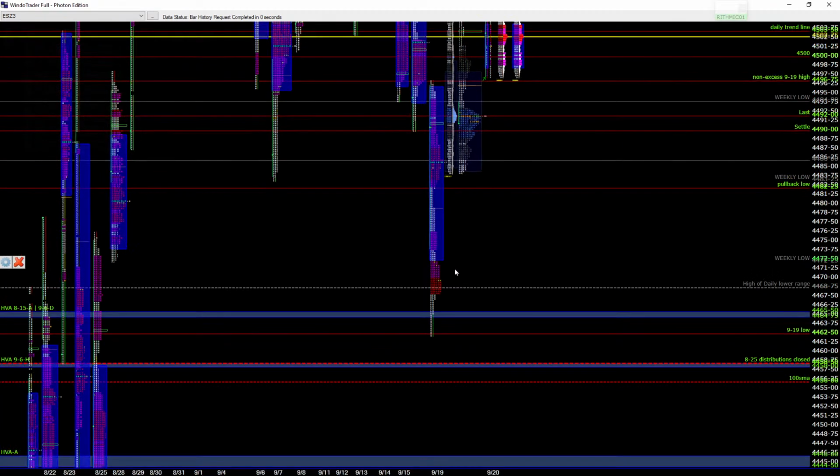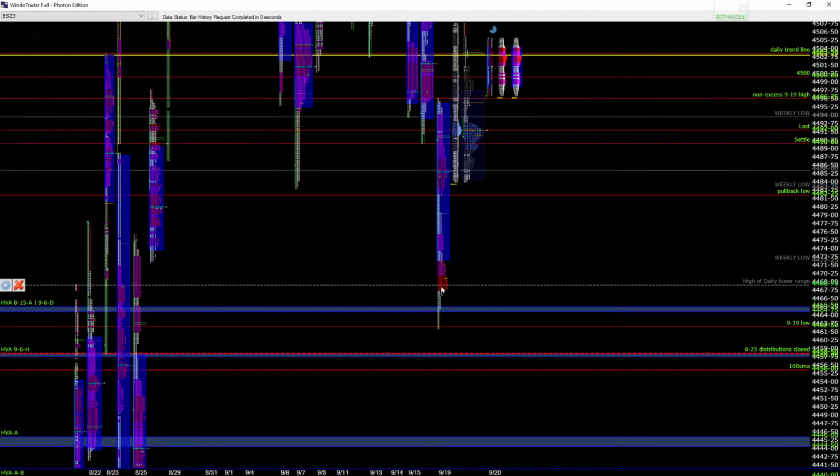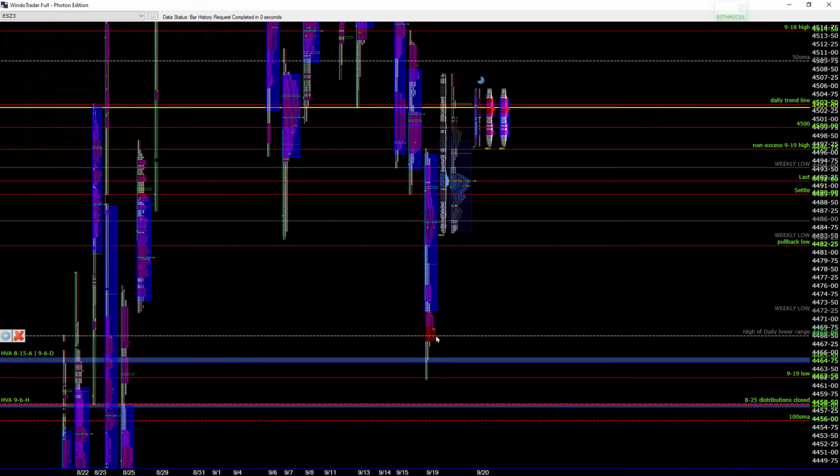There's another range in the daily time frame, this level here, the 44.68, this level down here. That range has been penetrated twice. The market has got inside that range a couple times now, two times now. Both times have been rejected.